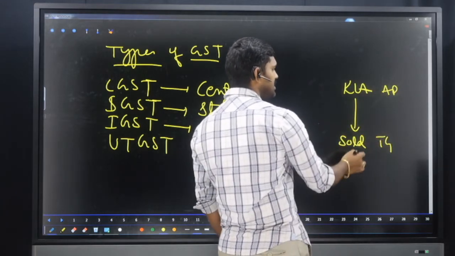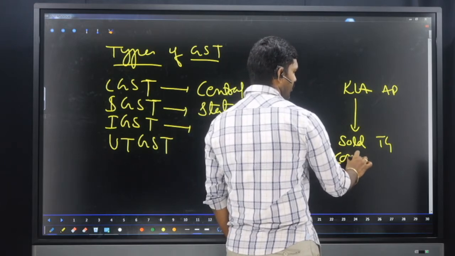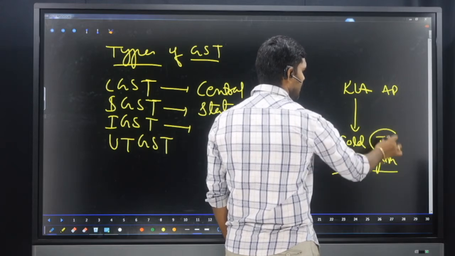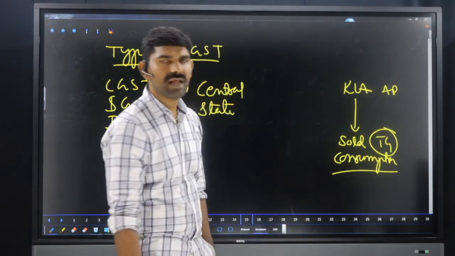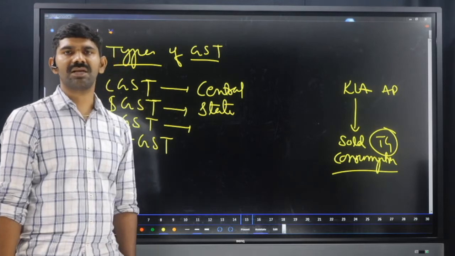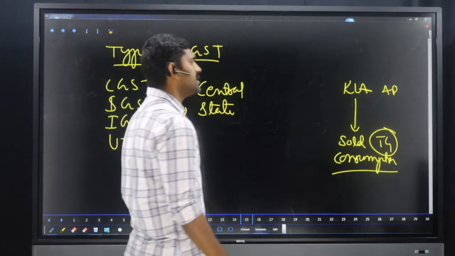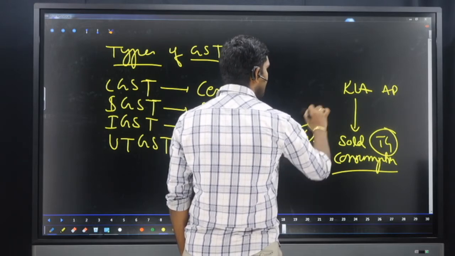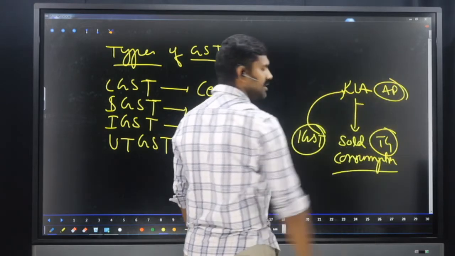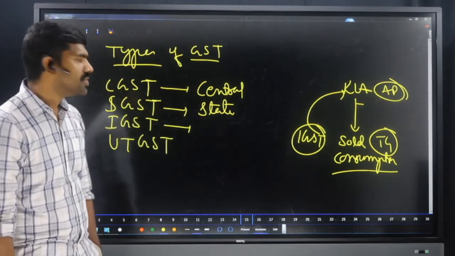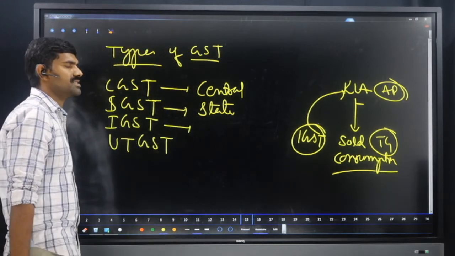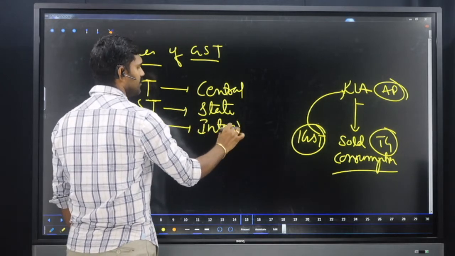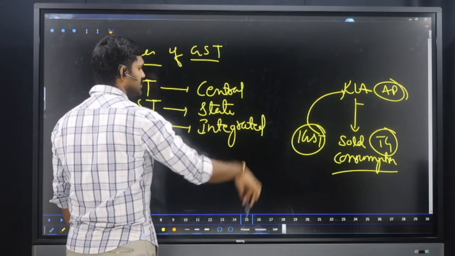GST is a consumption-based tax, and the item is consumed in Telangana, so the tax will come to Telangana and also the central government. In such a case, they impose IGST and give some amount of money to Andhra Pradesh also. That is integrated GST.